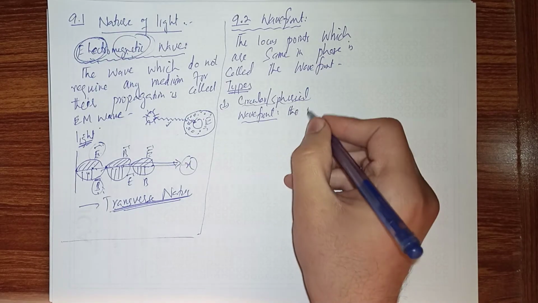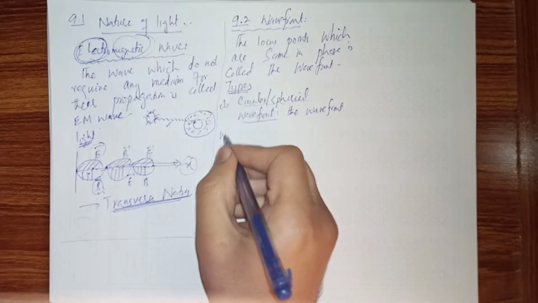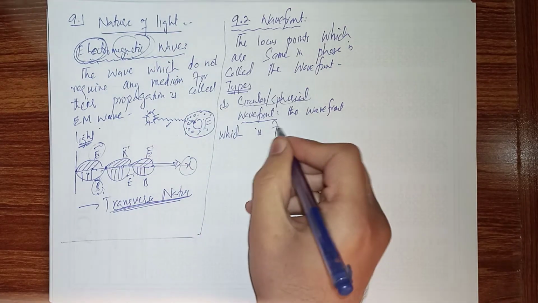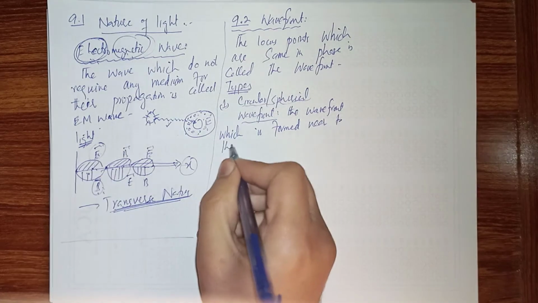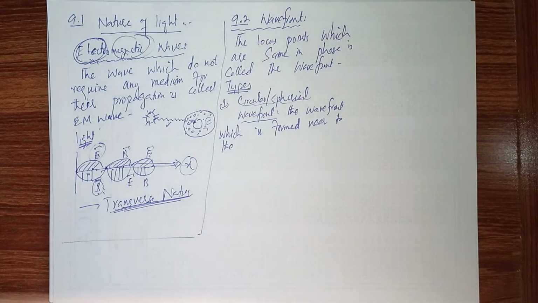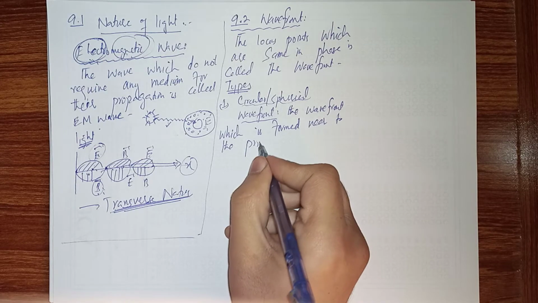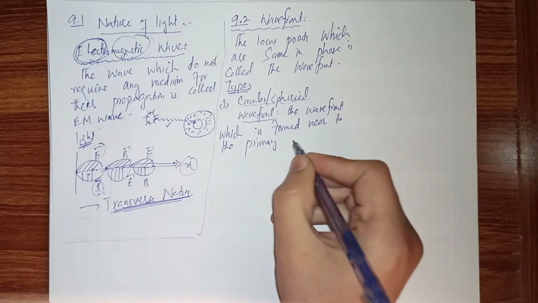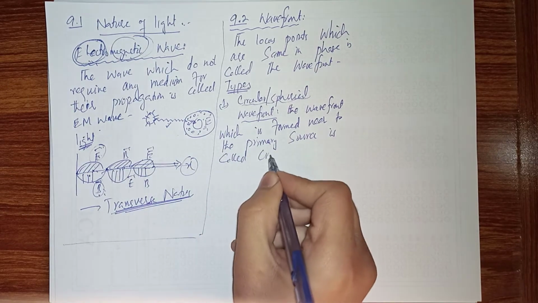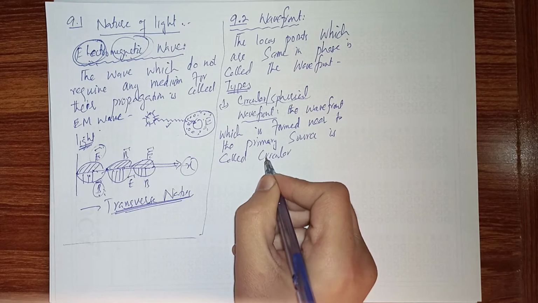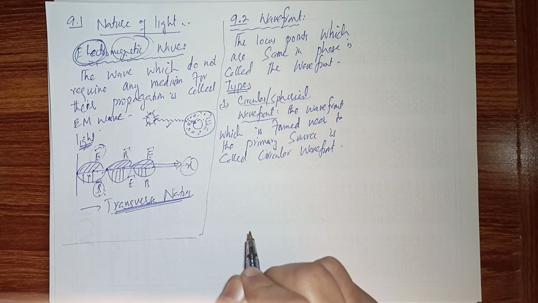The wavefront which is formed near to the primary source. Primary source means the original source, is called circular wavefront, or that is called the spherical wavefront.